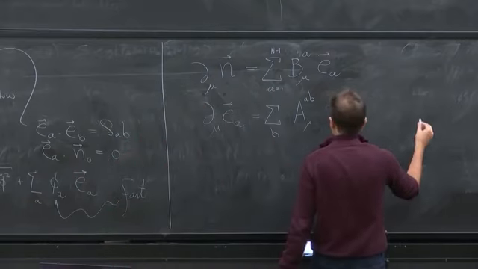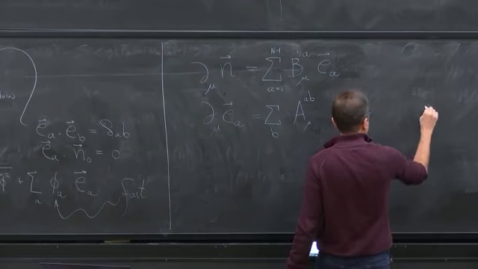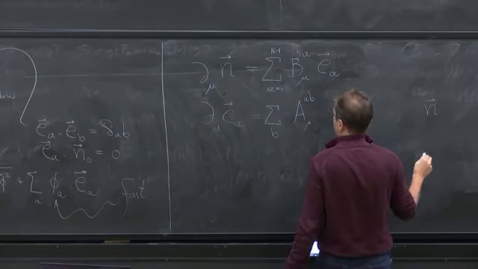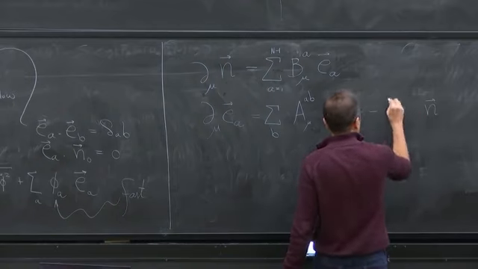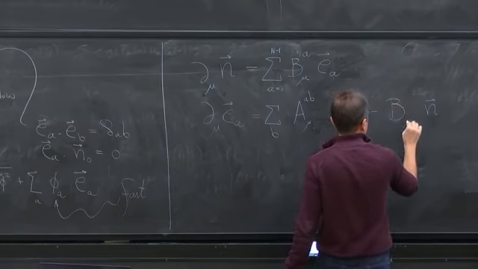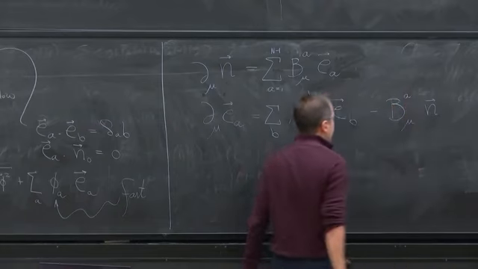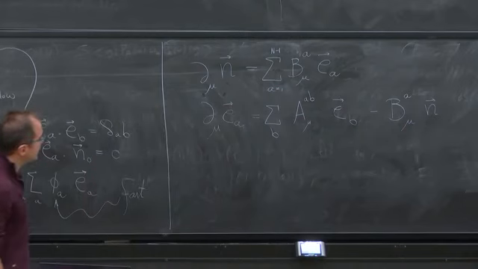So I should also add a term with n, and that term is minus B mu A times n. Now the fact that it's the same term that appears above is not obvious.